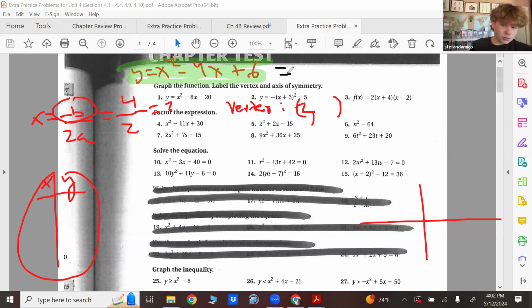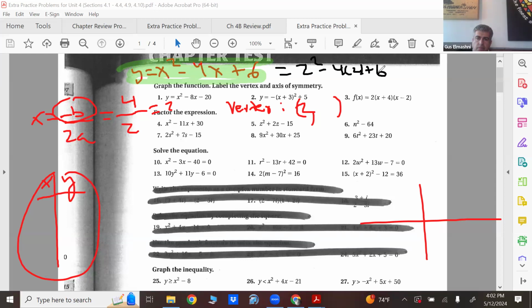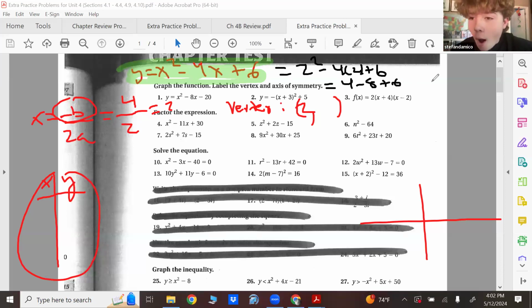Okay, so plug 2 in. 12. It's 2. Right, 2.